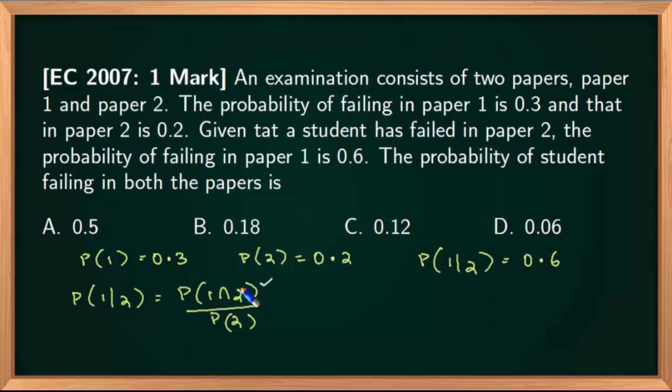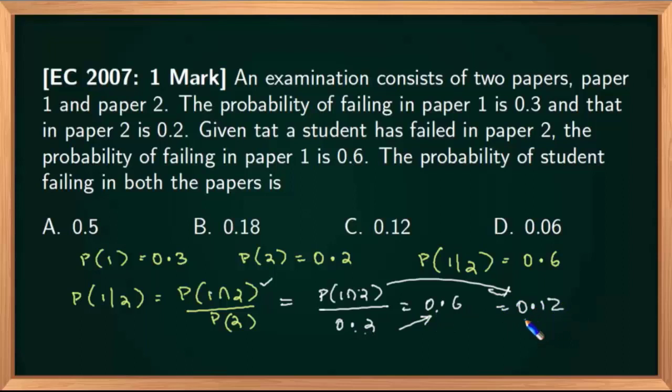Now this is given as 0.6. So I know that P of 1 intersection 2 divided by P of 2, which is 0.2, equals 0.6. If I take 0.2 to the other side, my required answer, P of 1 intersection 2, will be 0.6 into 0.2, which is 0.12.